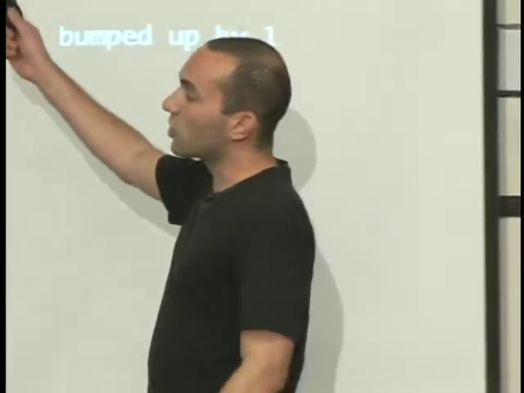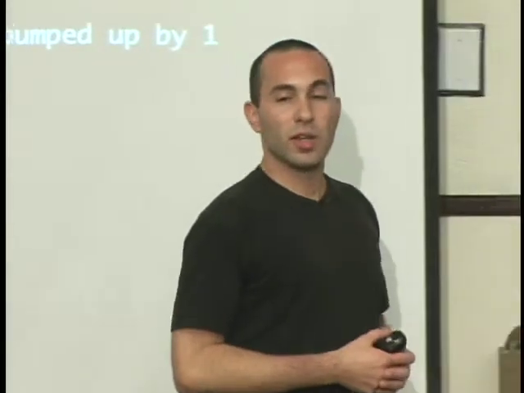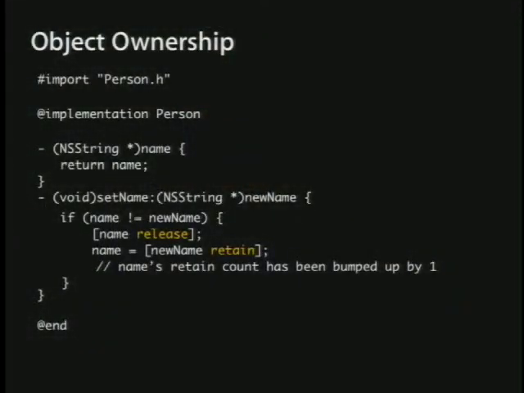So it deallocates the memory. The next time that person tries to access the name, it's going to be bogus because it got deallocated. And so the way to maintain that is you increase the retain count so that the object that got passed into you doesn't get released until you say it should. So that makes sense? Okay.